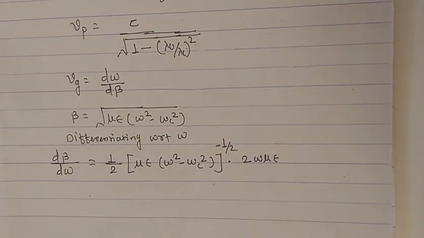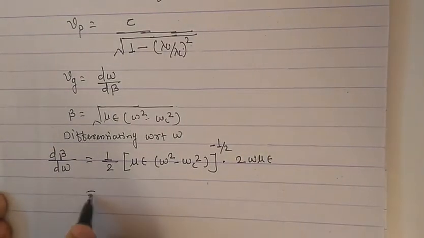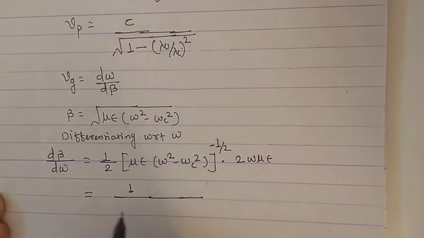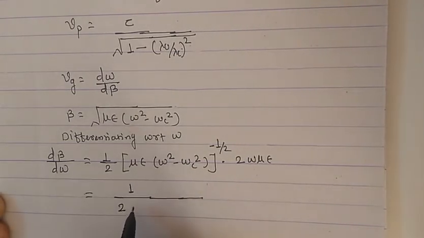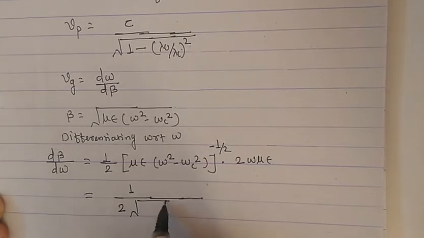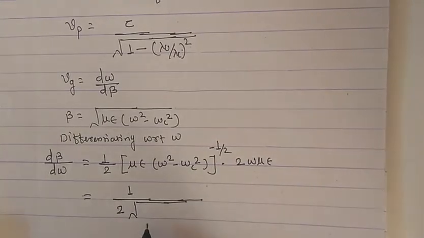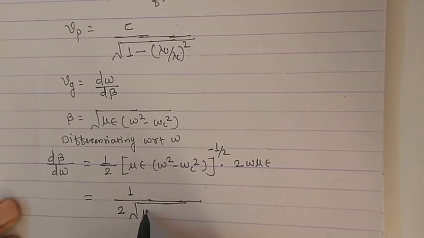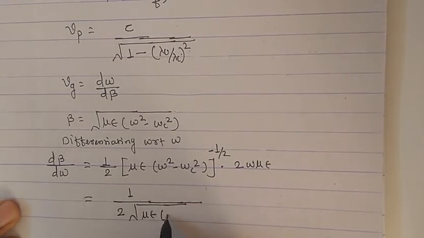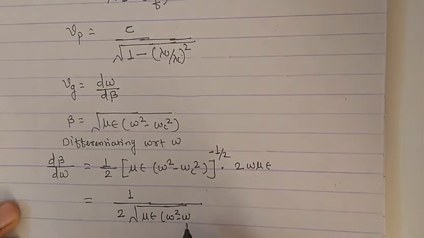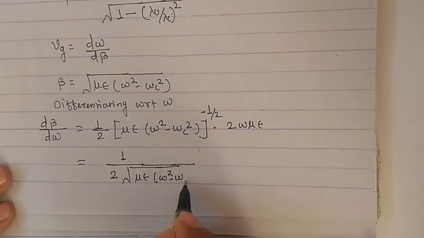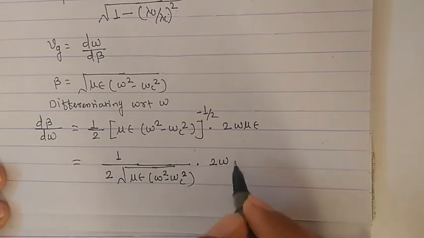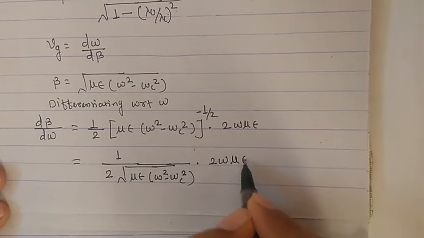This can be modified like this: 1 over 2 square root of mu epsilon omega square minus omega c square, into 2 omega mu epsilon.